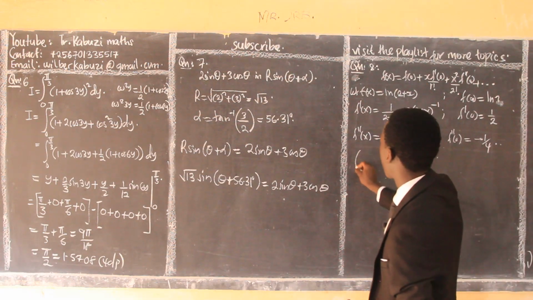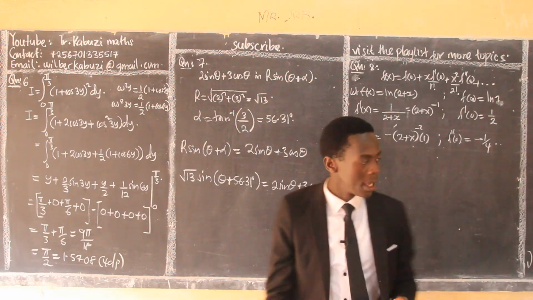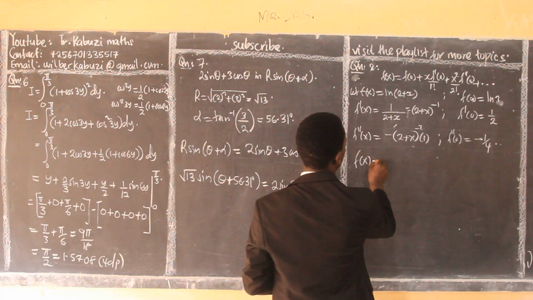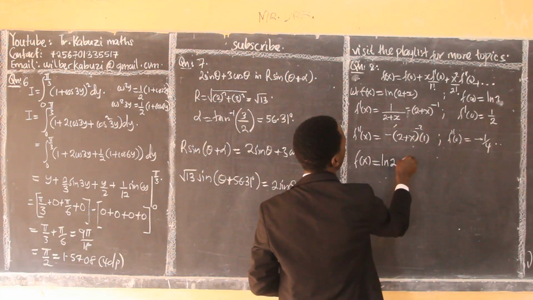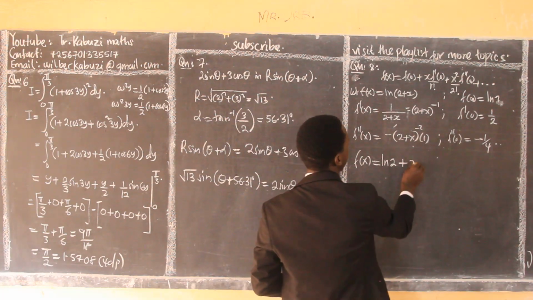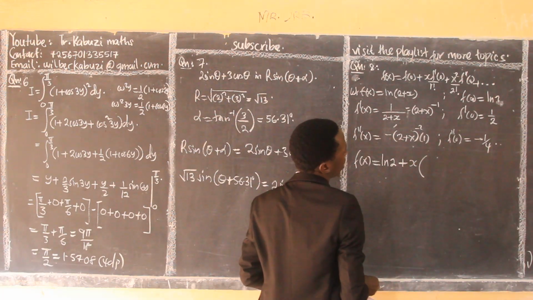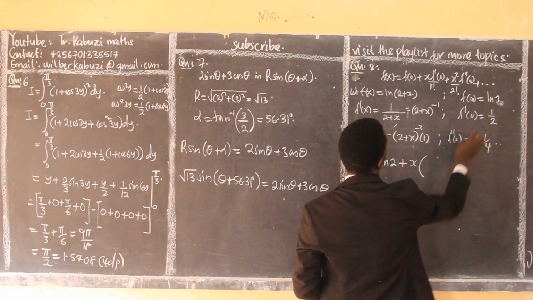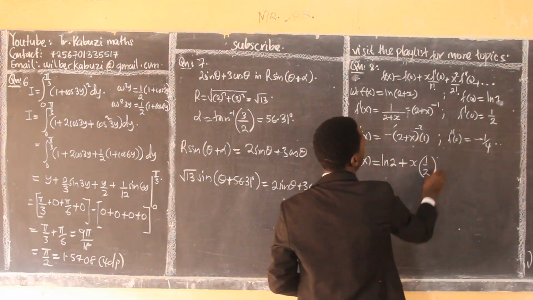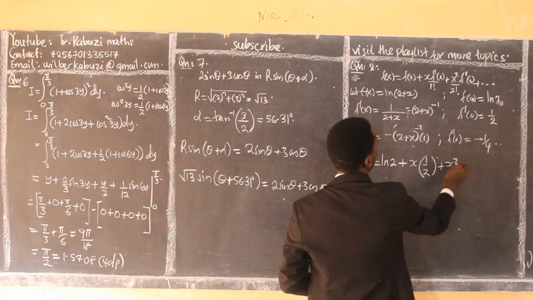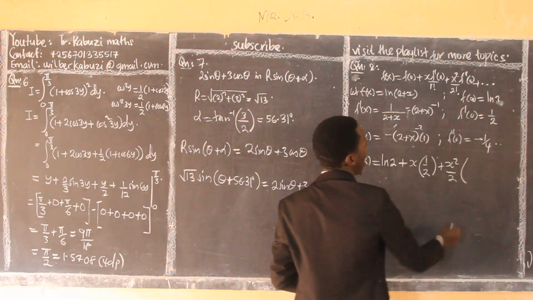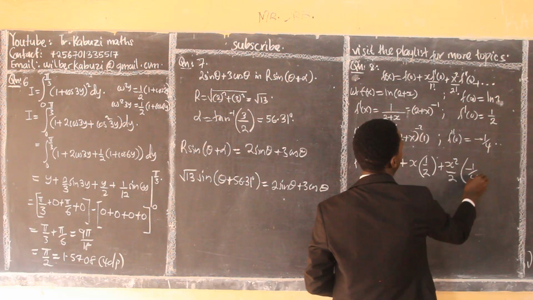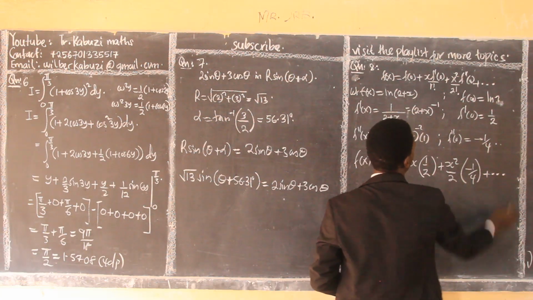So from here, remember we said our f of x is going to be f of 0, which is natural log of 2, plus x into f prime of 0, which is a half, plus x squared, 2 factorial is 2, into f double prime of 0, plus other terms.